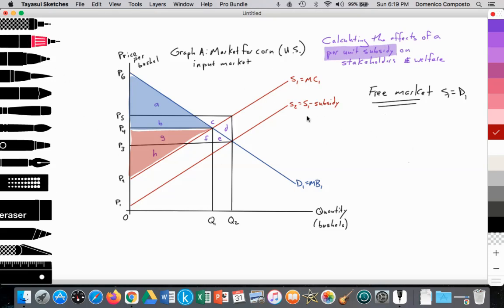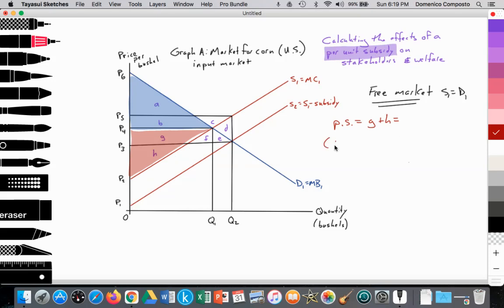So the producer surplus, PS for short, is equal to areas G plus H. And that's going to be equal to this height multiplied by the base divided by 2.